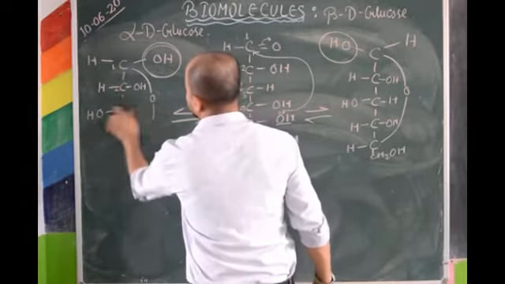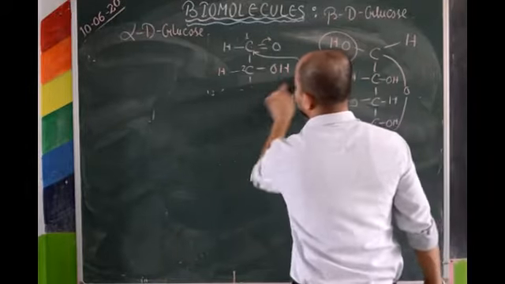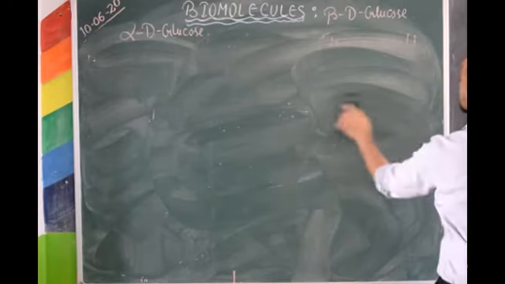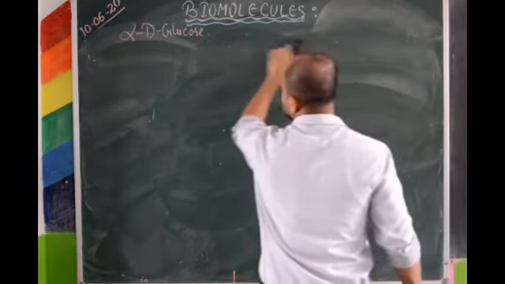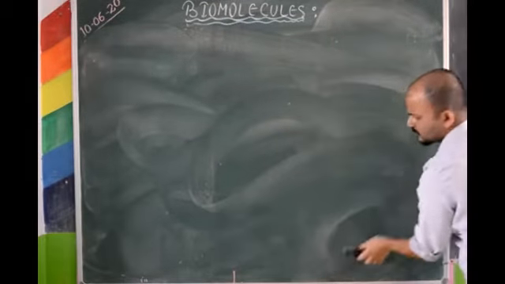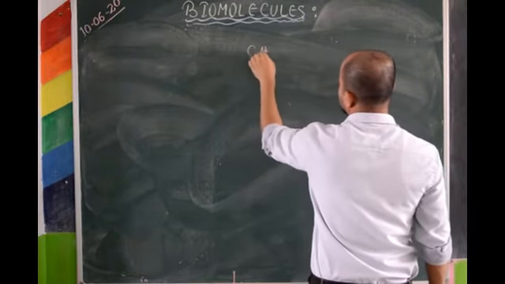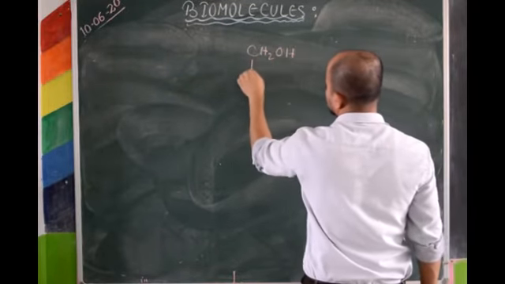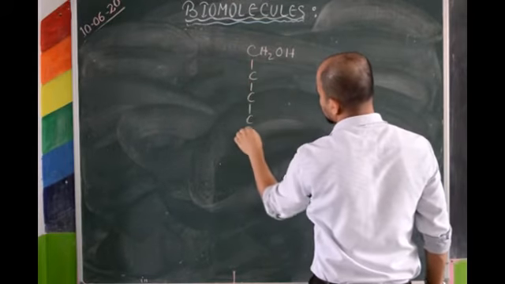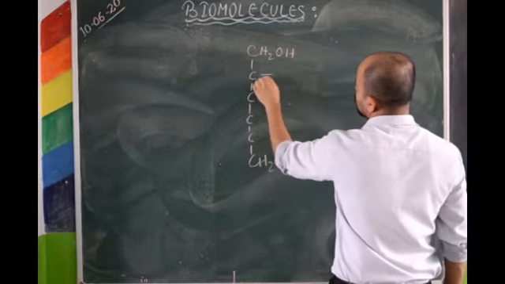So for fructose, in our previous video, I have given you the open chain structure of fructose. I hope you still remember it. You have CH2OH at carbon number 1, 2, 3, 4, 5, 6, CH2OH. And at carbon number 2, you have the ketonic group.